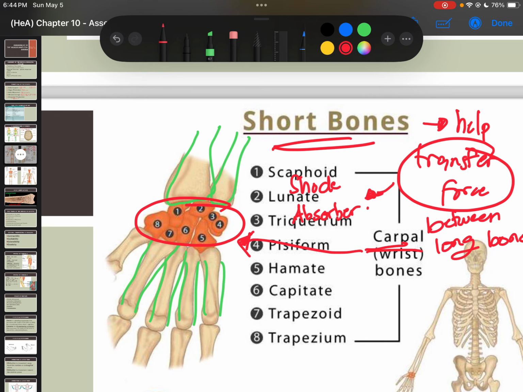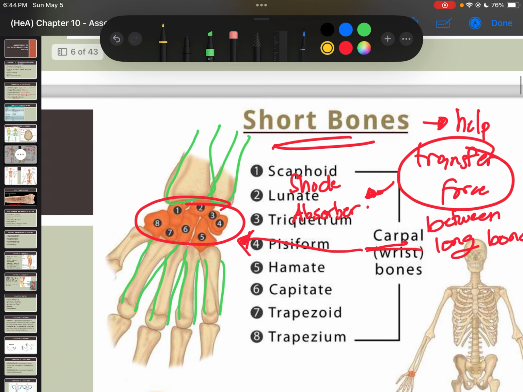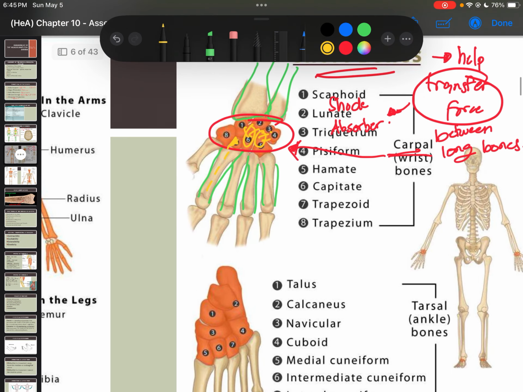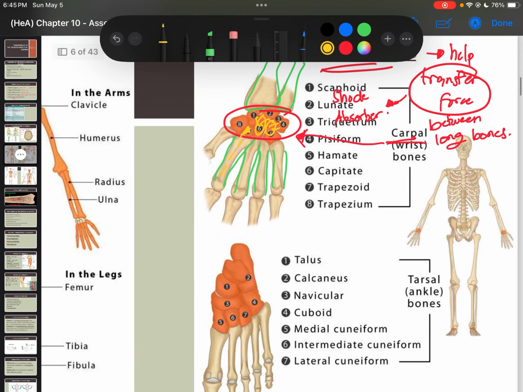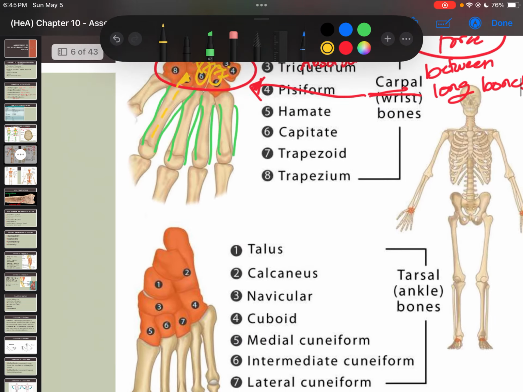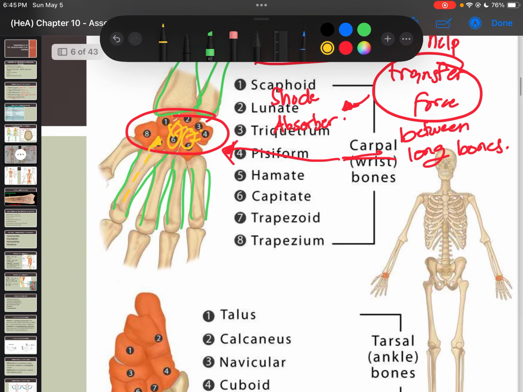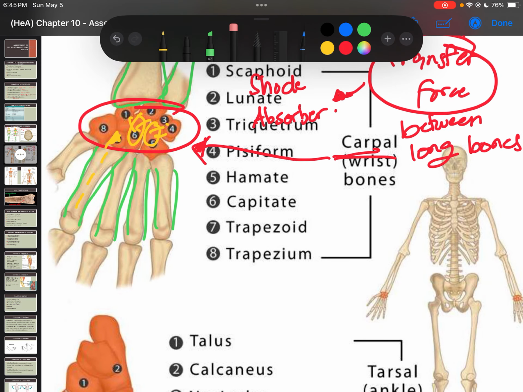Instead, they will divert the force towards your short bones, whose structure, since they are much shorter, allows it to spread evenly so that it does not break your hands. They help transfer force. Commonly, short bones can be seen in our ankles, our tarsals, and our wrist, otherwise known as our carpals.